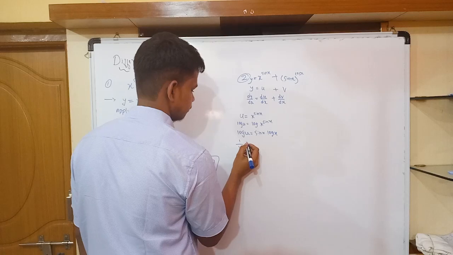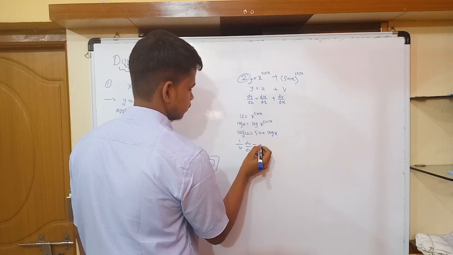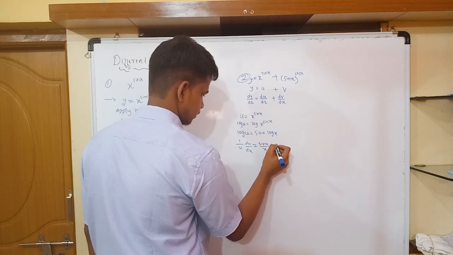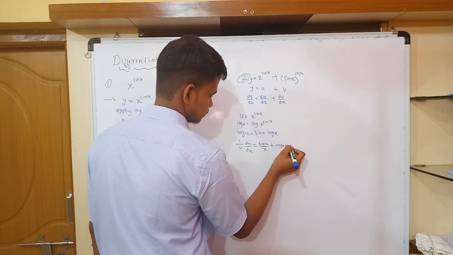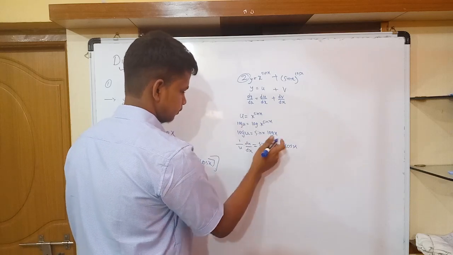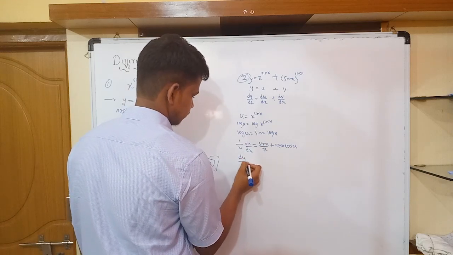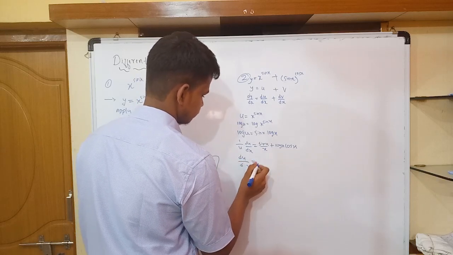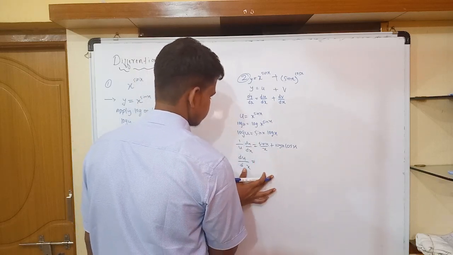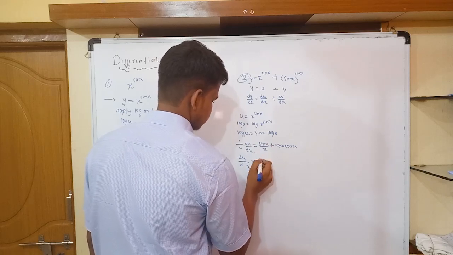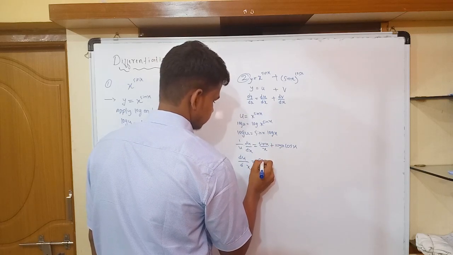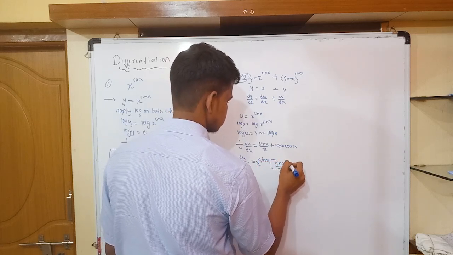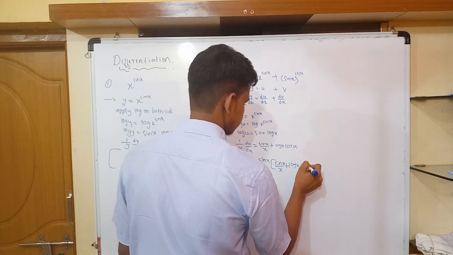Here 1 by u into du by dx, by the product rule, is sin x by x plus log x into cos x. So the derivative of u becomes x raised to sin x into, in brackets, sin x divided by x plus log x into cos x.